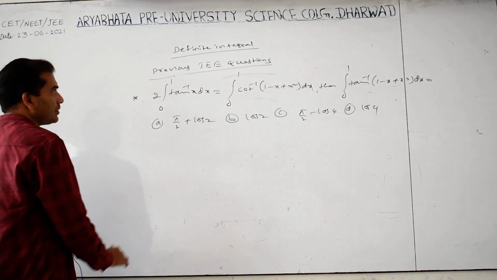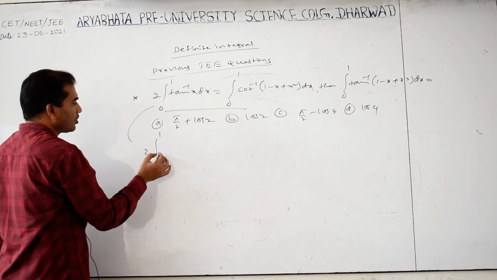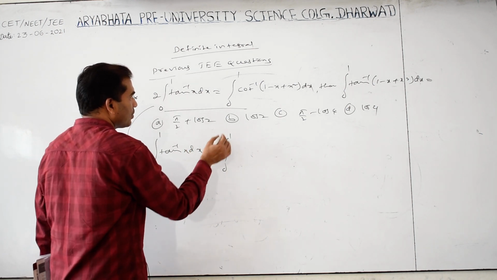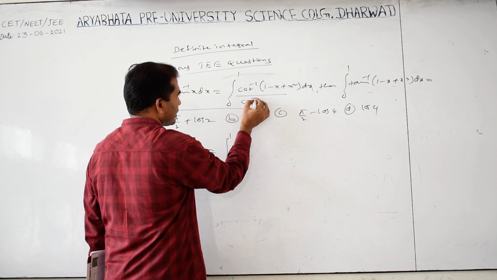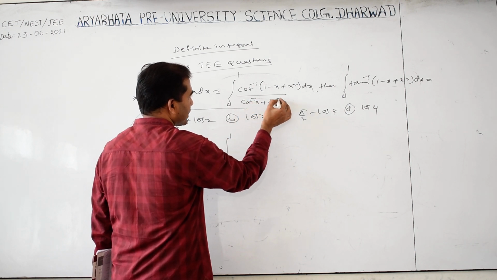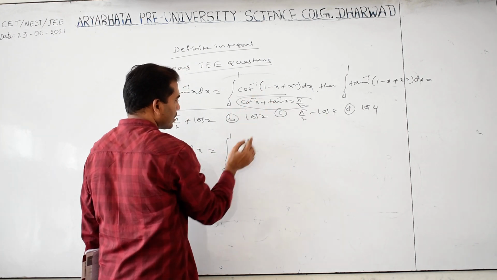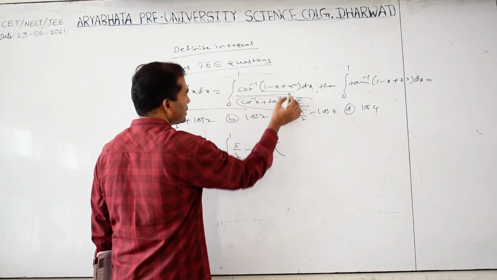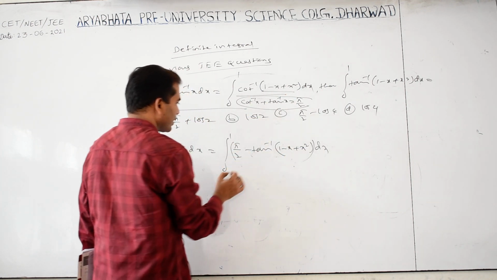Yes, this is given here: 2 into the integration of 0 to 1 tan inverse x dx, the integration of 0 to 1. This is converted in terms of cot inverse x plus tan inverse x equal to pi by 2. Based on this, cot inverse x equals pi by 2 minus tan inverse of x, and this is 1 minus x plus x square dx, right.